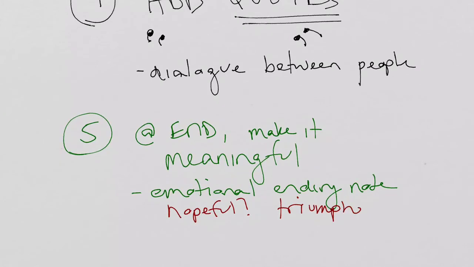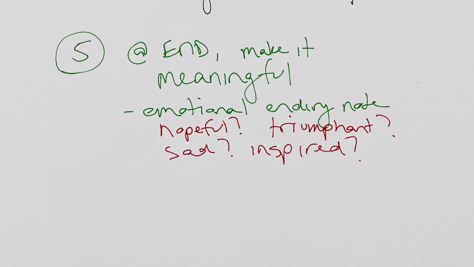Sad? What do you want it to feel like at the end? Do you want your audience to feel inspired? By choosing a way you want your audience to feel at the end and using some words to make them feel that way, you can add meaning to the end of the story.